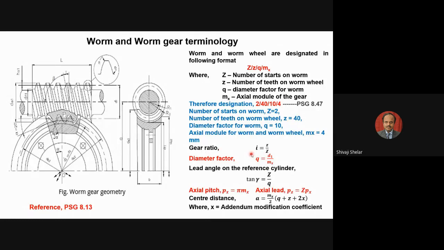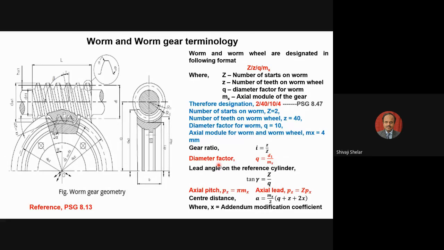Gear ratio I for worm and worm wheel gear drive will be equal to small z upon capital Z, where small z is the number of teeth on wheel, and capital Z will be the number of starts on your thread. So in this case, for this problem, what is the gear ratio? We have small z 40, we have capital Z 2, so 40 by 2. So gear ratio here is 20. So gear ratio in this arrangement is 20.